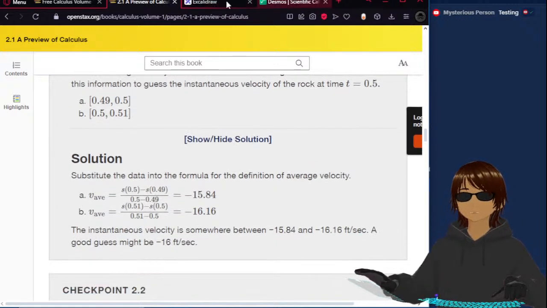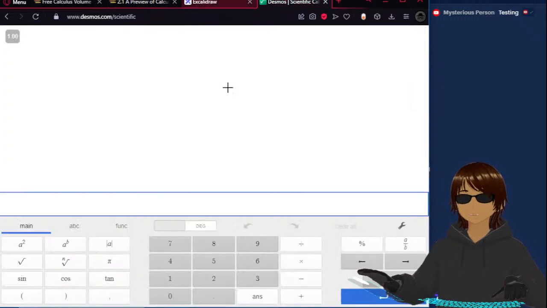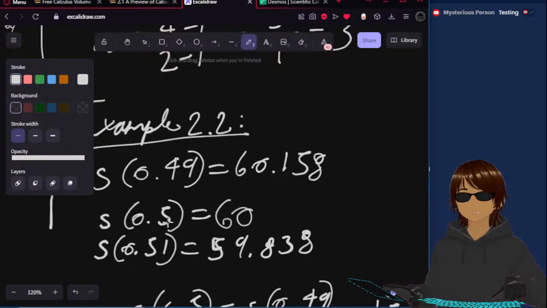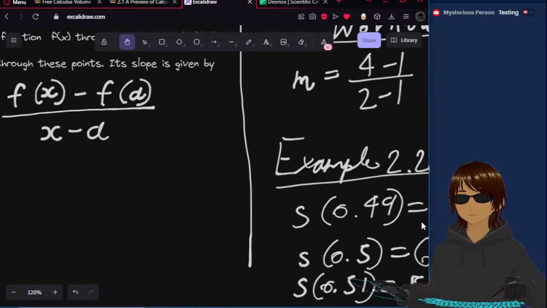And the instantaneous velocity would be between those two, from what I understand.